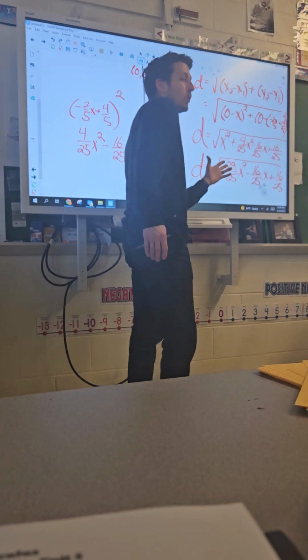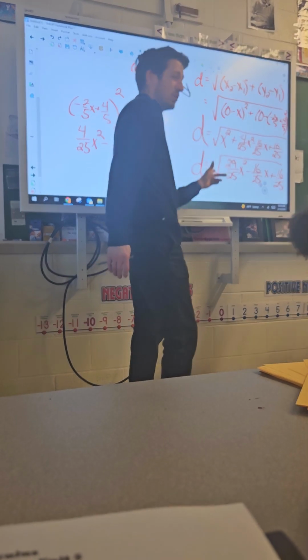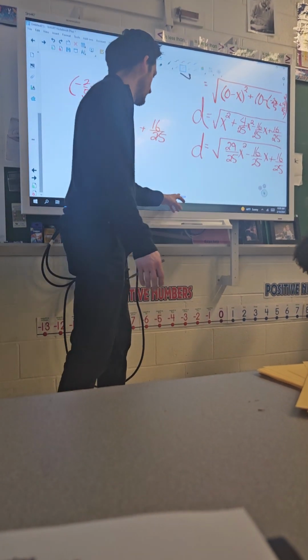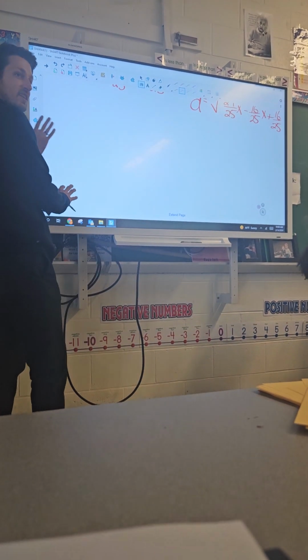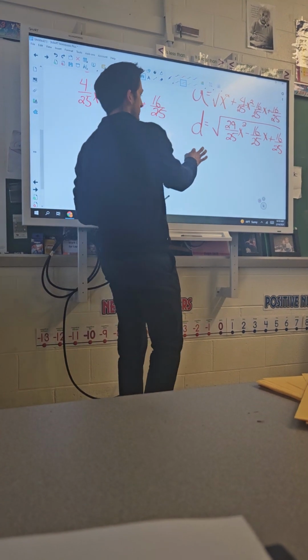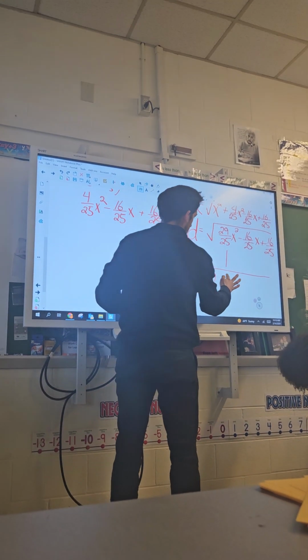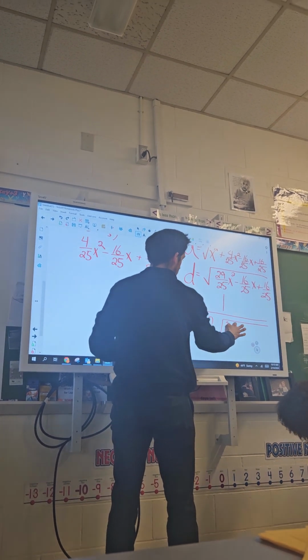You could factor out 1 over 25 and it would actually end up being a 1/5 on the front. I'm not gonna do that though, especially if I was taking a test. It's like, oh no, it might not work, so I'm not gonna do it. The derivative is 1/2 times 1 over the square root of that.